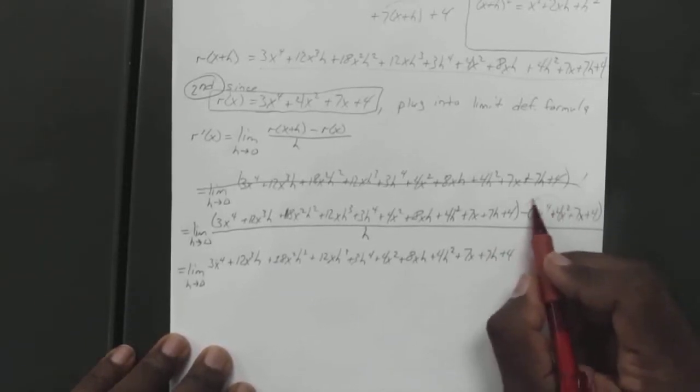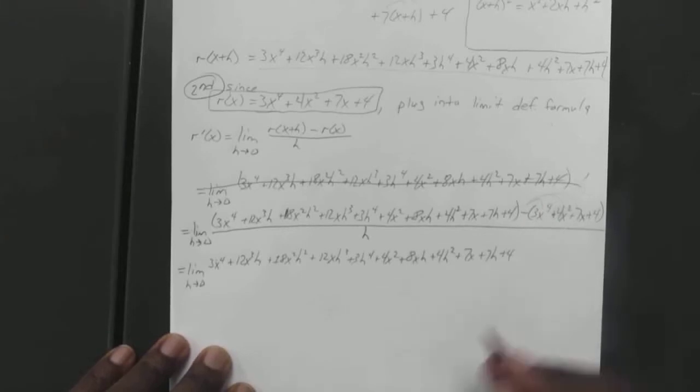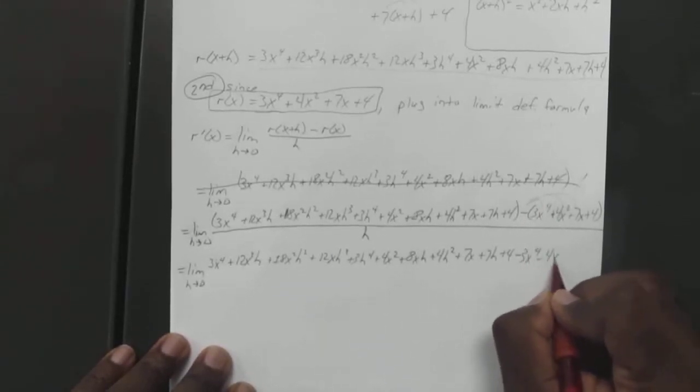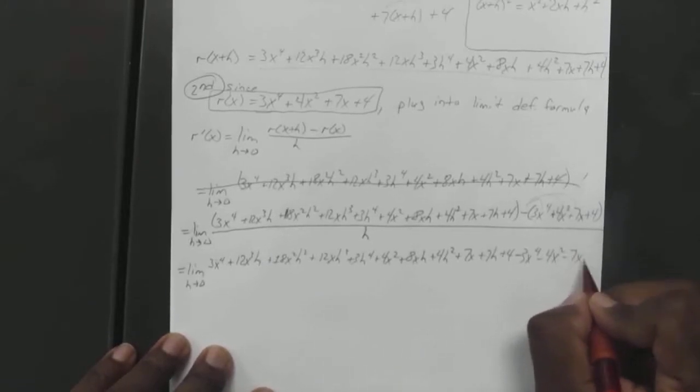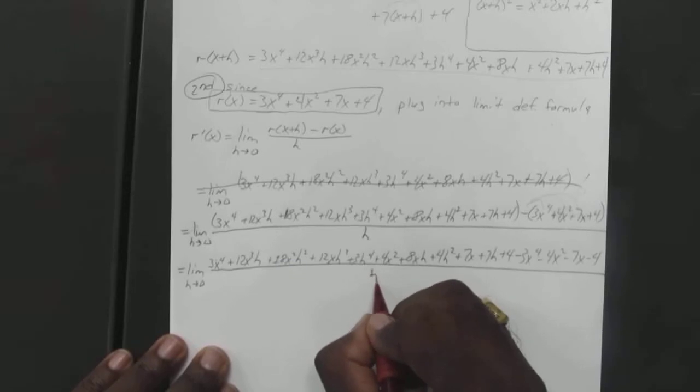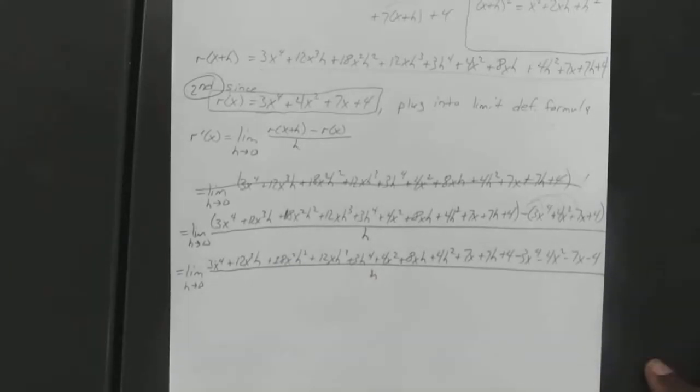If we distribute that negative to all of those terms, minus 3x to the fourth minus 4x squared minus 7x minus 4 all over h. That lonely little h.